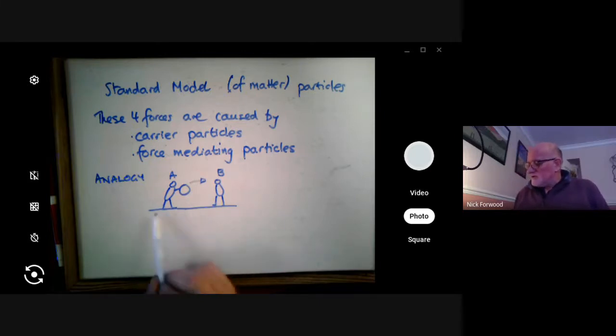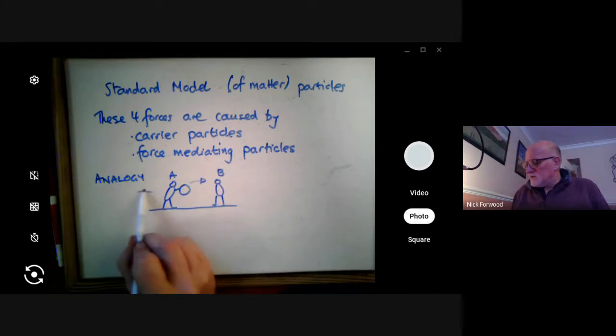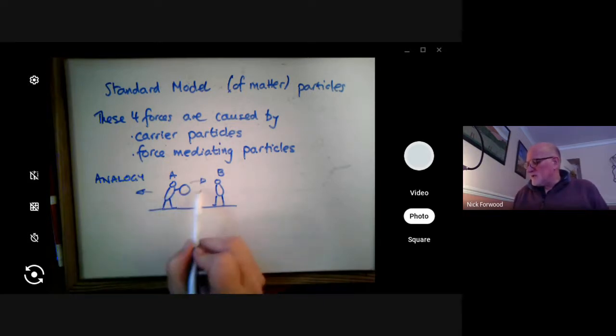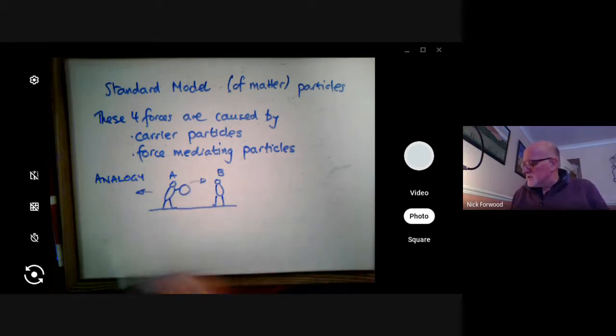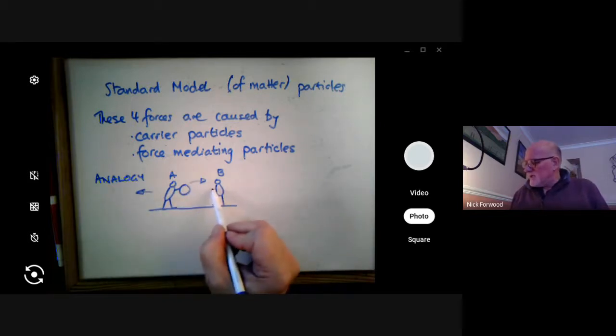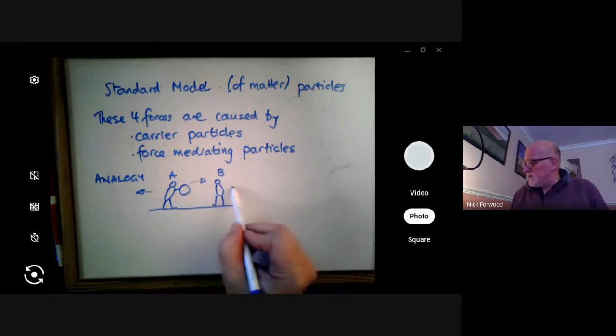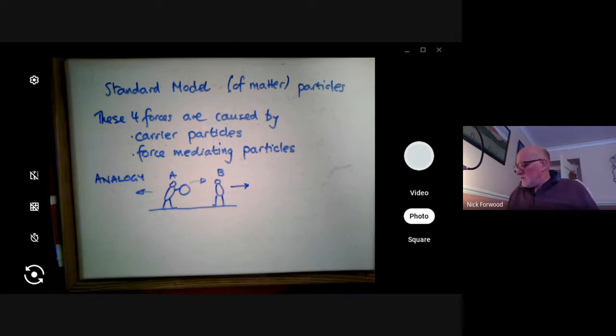If you're standing on some ice and you threw a really heavy object towards another person, then skater A would go that way, would go backwards. And that's just like a conservation of momentum thing. If you throw an object there, an explosion here, throw an object there, then this person's going to go backwards. When person B catches that ball, when it's gone across the distance, person B is also going to go that way.